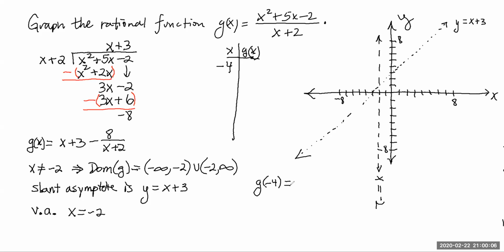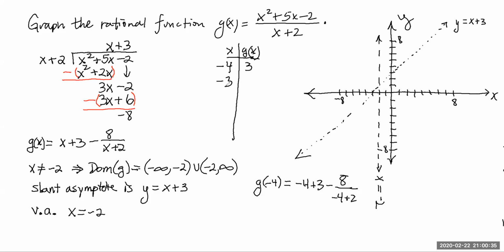Well, that's going to equal -4 plus 3, subtract 8 over -4 plus 2. So that's -1 plus 4. -1 plus 4 is 3.